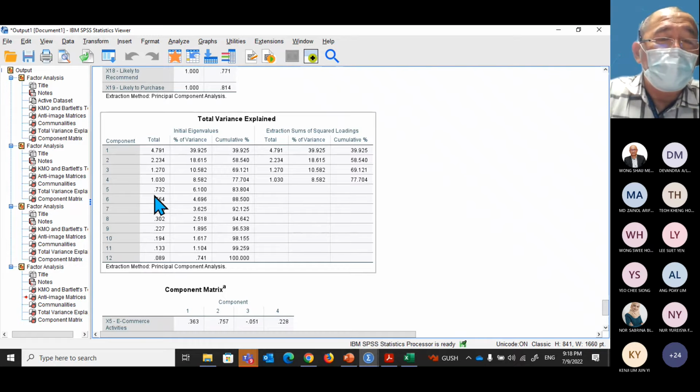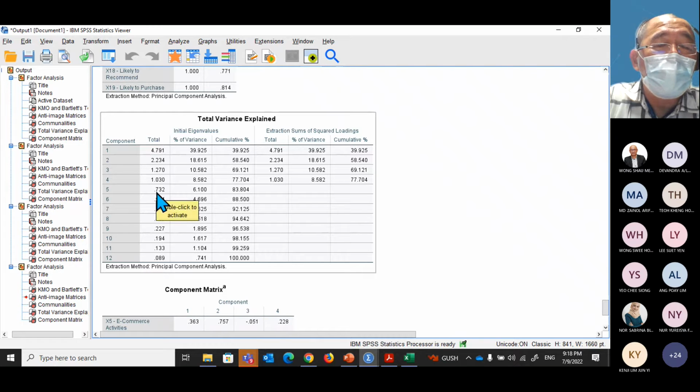Now we see a bit more on the eigenvalue. This is how we can compute this column: 39.925 and so on. Now we see the cumulative percentage. If we consider only the first component, it is 39 point something.